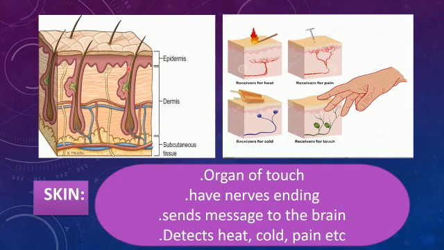These nerves are also present in the skin, and they send information to the brain whether a thing is hot or whether you are feeling some pain or whether a thing is cold or any type of sensation is detected by the skin.